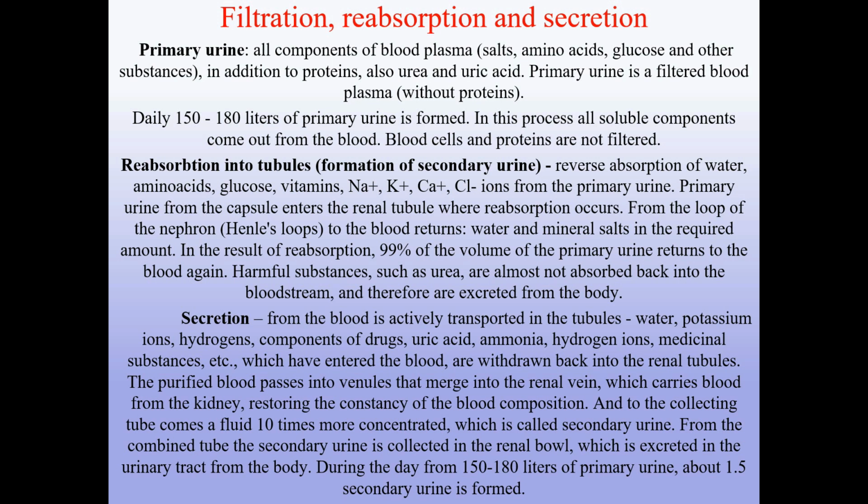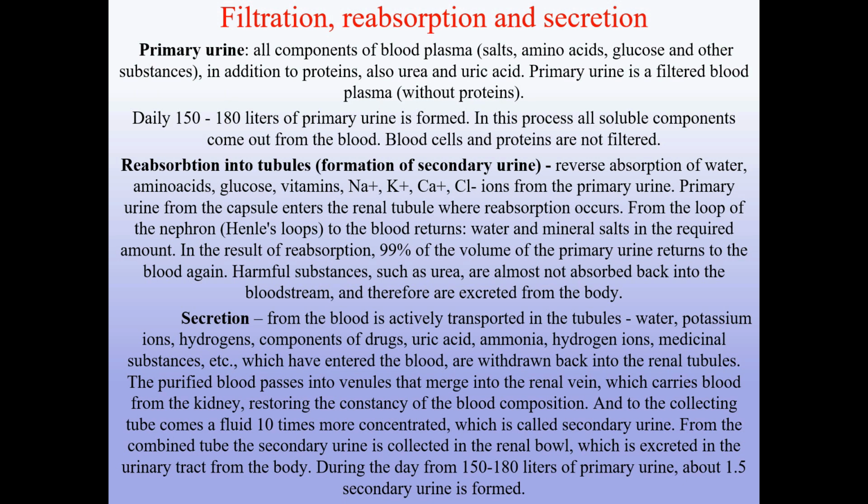From the loop of Henle to the blood returns water and mineral salts in the required amount. As a result of reabsorption, 99% of the volume of the primary urine returns to the blood again. Harmful substances such as urea are almost not absorbed back into the bloodstream and are therefore excreted from the body.